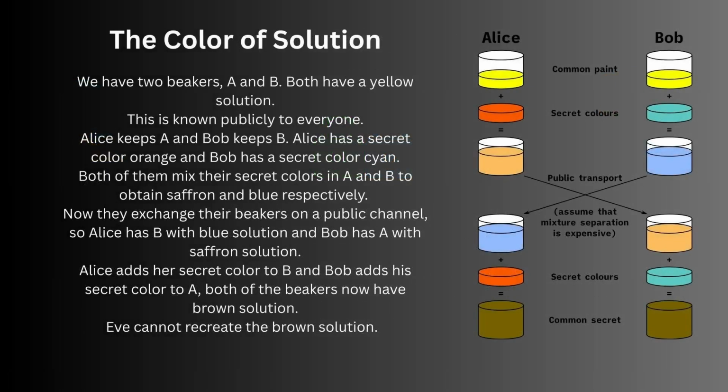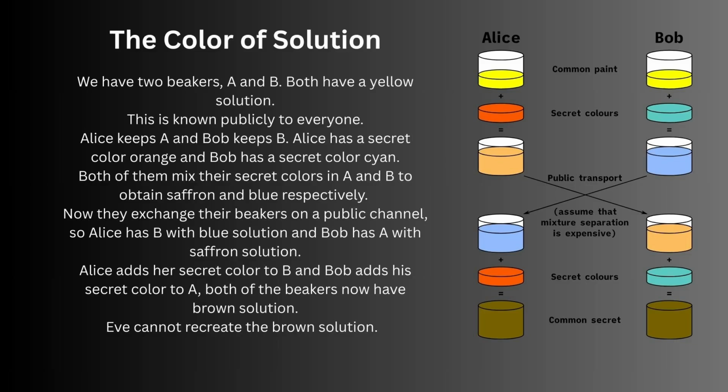The second analogy is a more general one, which is used primarily when you're trying to teach someone about the Diffie-Hellman Key Exchange, which is the colors of solutions. Over here, we have two beakers, A and B, and both of them are of yellow color. This is publicly known to everyone.